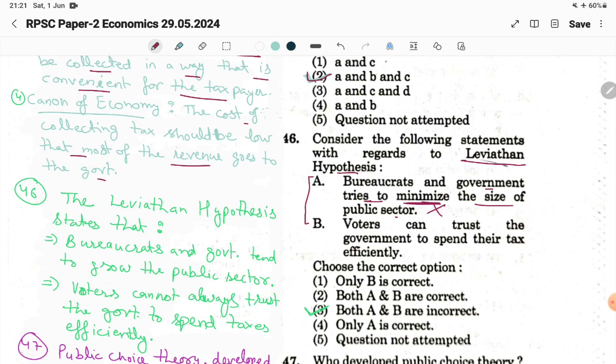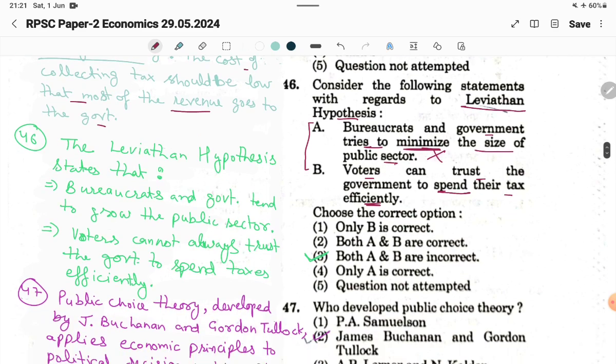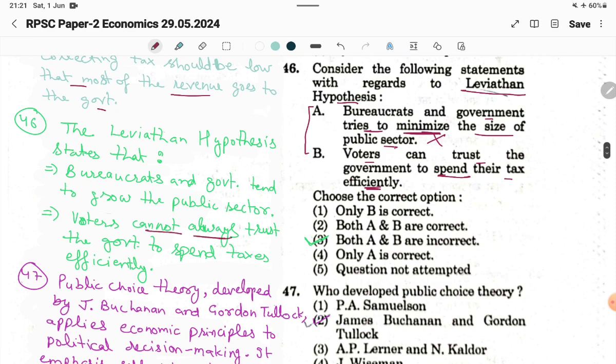They should maximize the size of public sector, not minimize. And the second is the voter can trust the government to spend their tax efficiently. No, not always. A little bit of explanation: voters cannot always trust the government to spend tax efficiently. So both statements are wrong. The third option will be the right answer here.